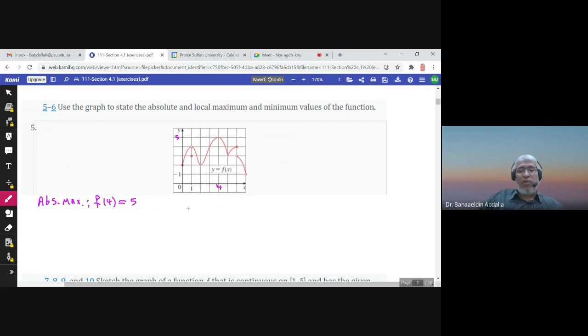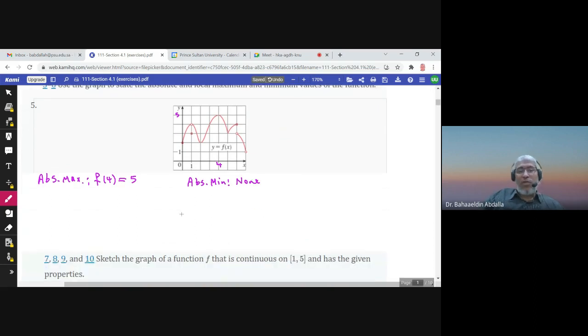Good. Absolute minimum. Is there an absolute minimum? Well, this is the smallest value of y, but there is an open circle here, so there is no absolute minimum. What about local maximum?